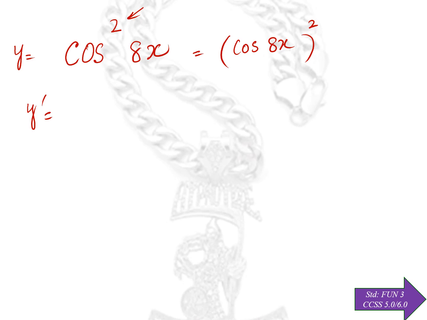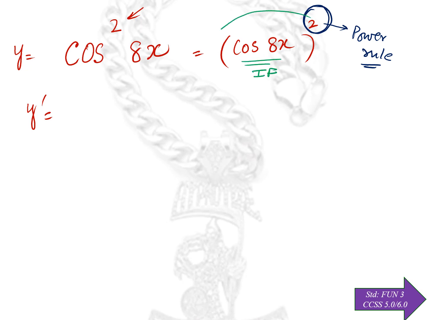Okay, circle the outer function. This is what I always tell you, circle the outer function. So the outer function is the power 2. If the power is the outer function, it means we are going to apply the power rule. What does the power rule say?